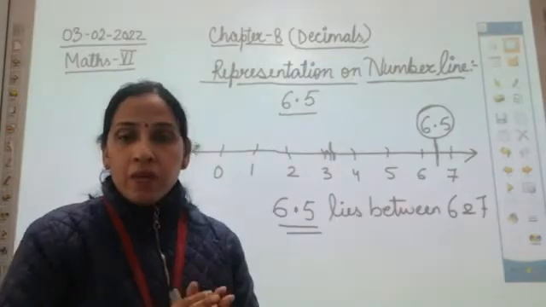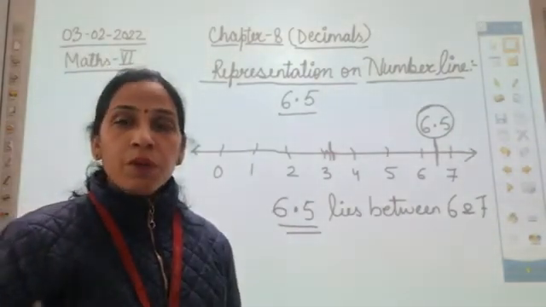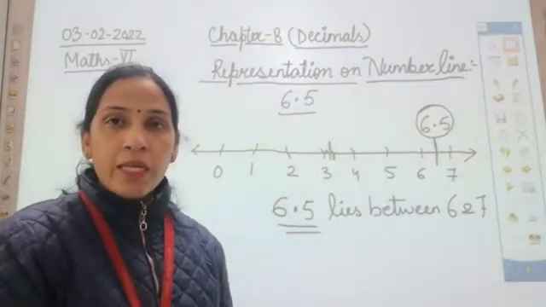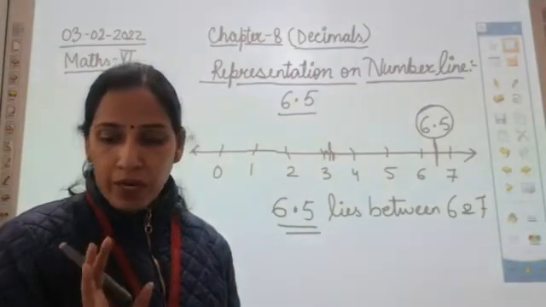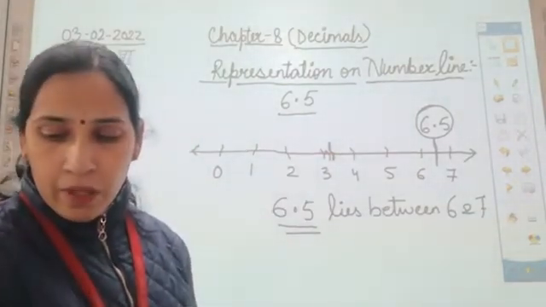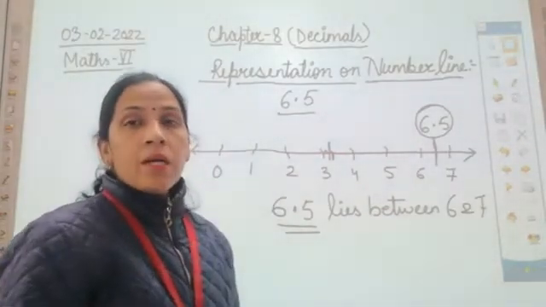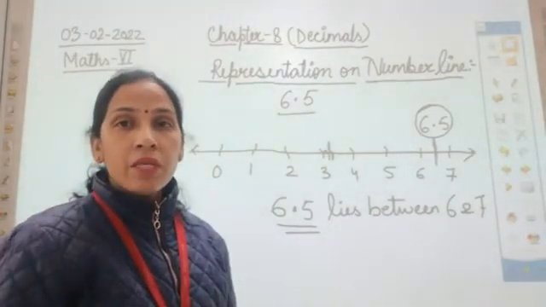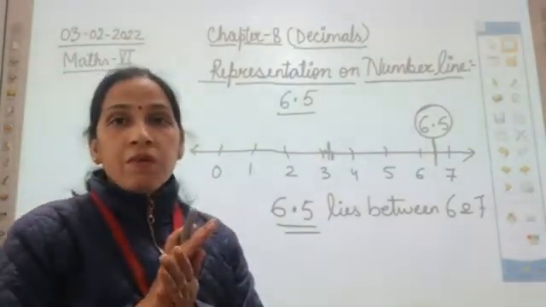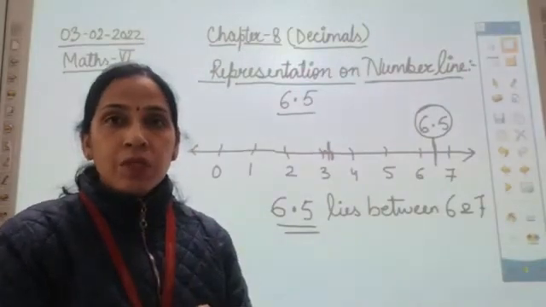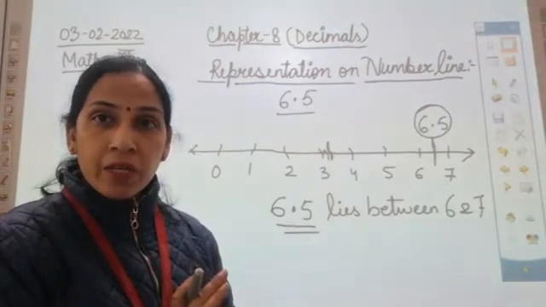Then the place values which we have done, tens, hundreds and thousands, you also need to remember. Now, how to express in centimeters if you are given millimeters. You are all aware that in 1 centimeter we have 10 millimeters.